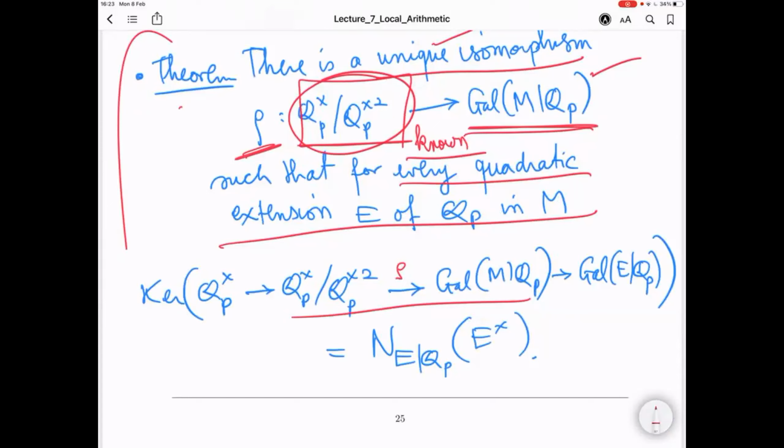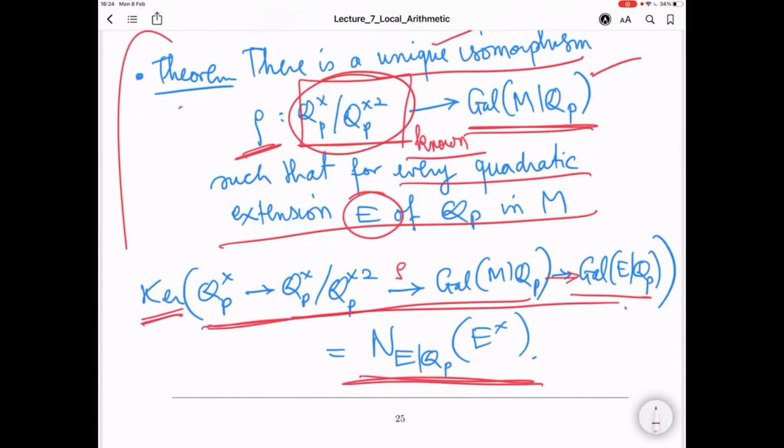You have this isomorphism, but this extension is contained in M. So there's a map from the Galois group of M over Q_p to the Galois group of E over Q_p for every quadratic extension E. And this composite map from Q_p* to the Galois group of E over Q_p should have kernel equal to the image of the norm map from E*. So that's a restatement of what we have been doing today.